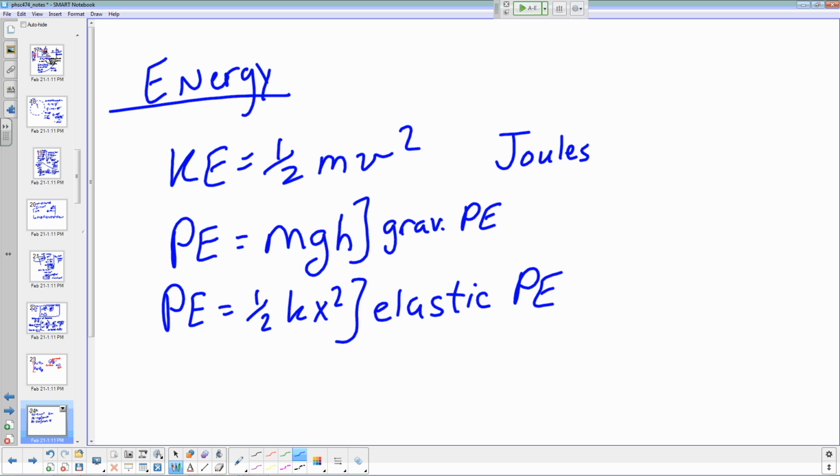This is elastic potential energy, which is due to what? Like springs? Yeah, okay, so it's due to springs. So if I pull a spring back, it will gain energy just because of the way that I'm pulling the spring. So the spring has energy contained within it. All right.